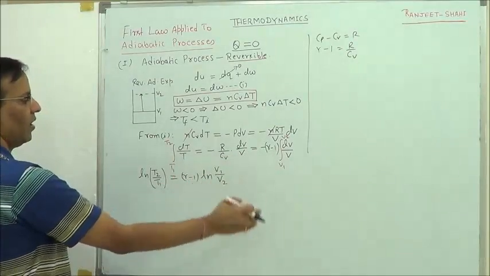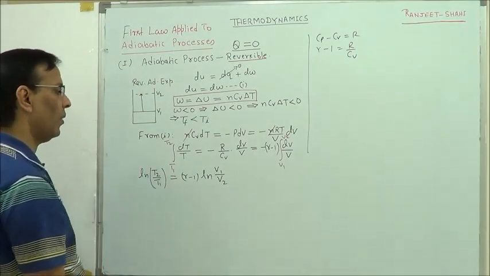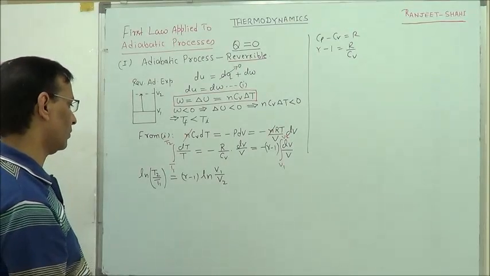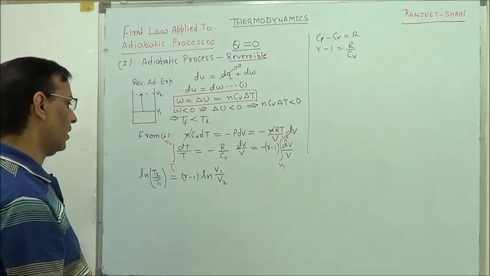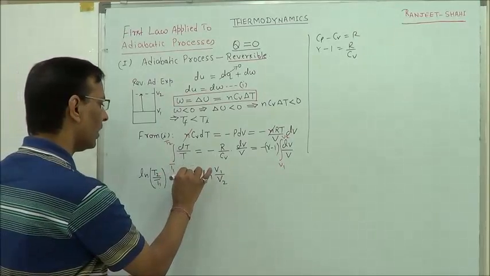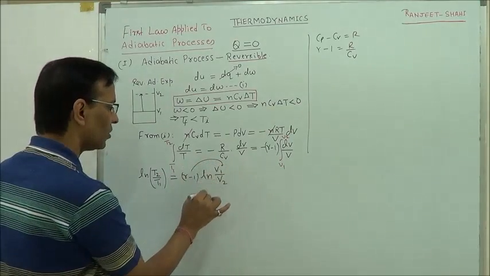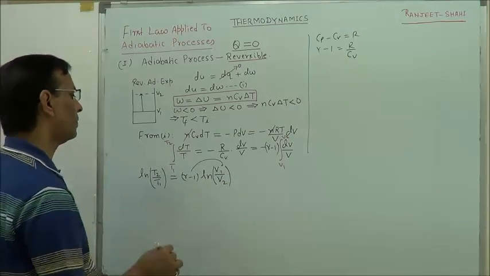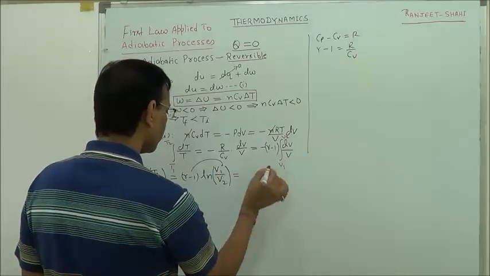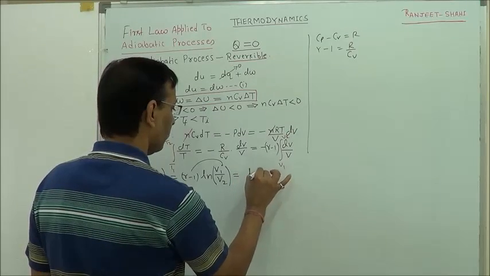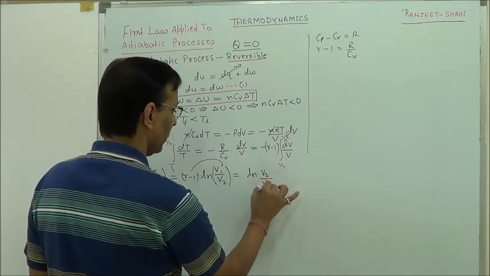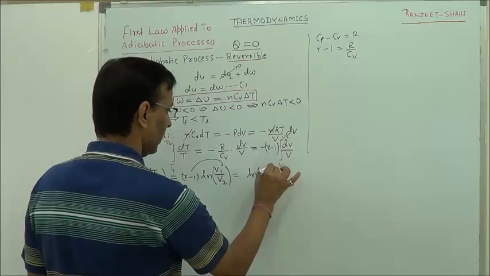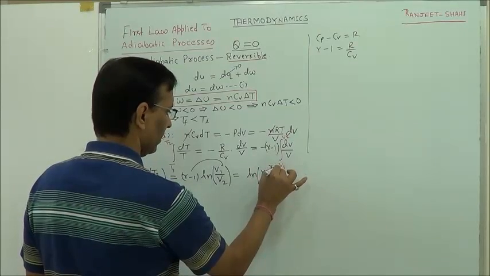So if we take minus sign inside, it will be ln V1 by V2. Now simplify this log, bring this gamma minus 1 into exponent of this volume ratio. So it will be ln of V2 upon V1 raised to the power gamma minus 1.